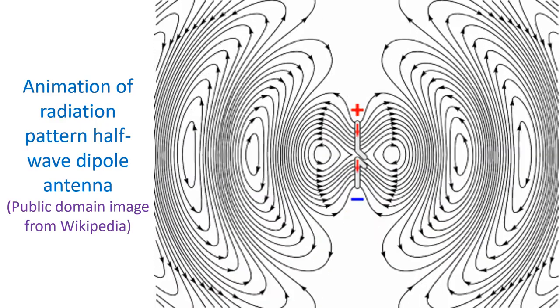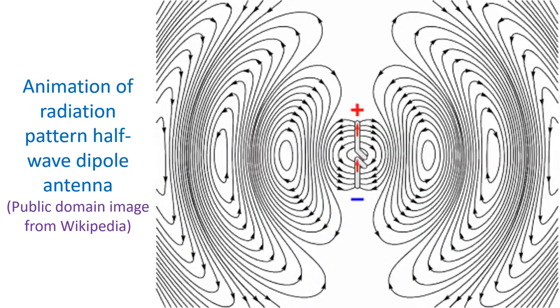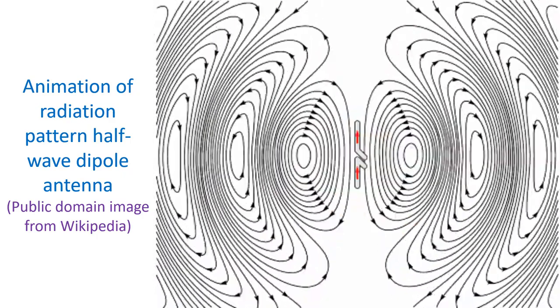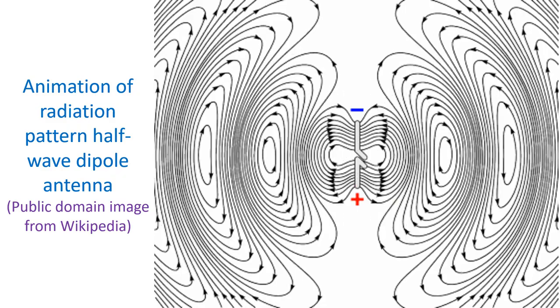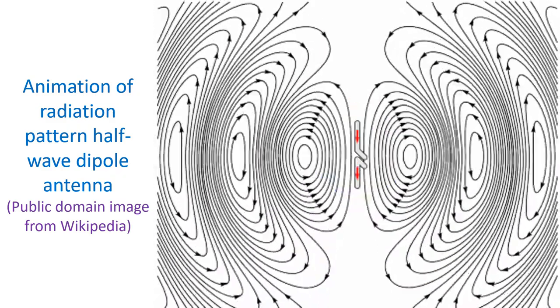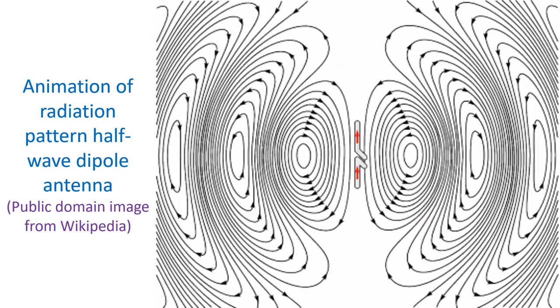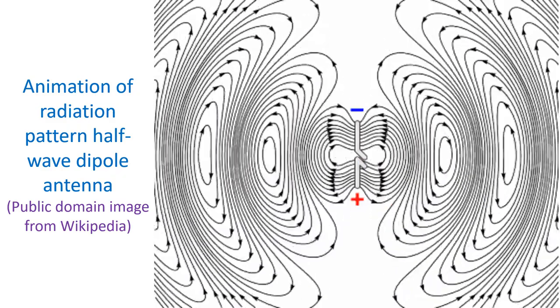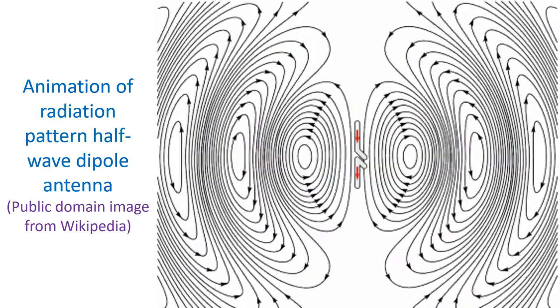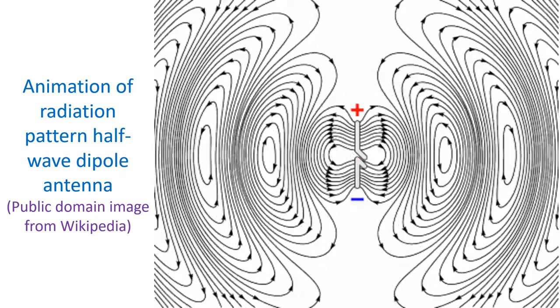Dipole antennas have dumbbell shaped pattern of radiation to both sides. Radiation is much less along the ends of the dipole antennas. Hence, dipole also has some directivity along its broad side, though it is bidirectional rather than unidirectional.